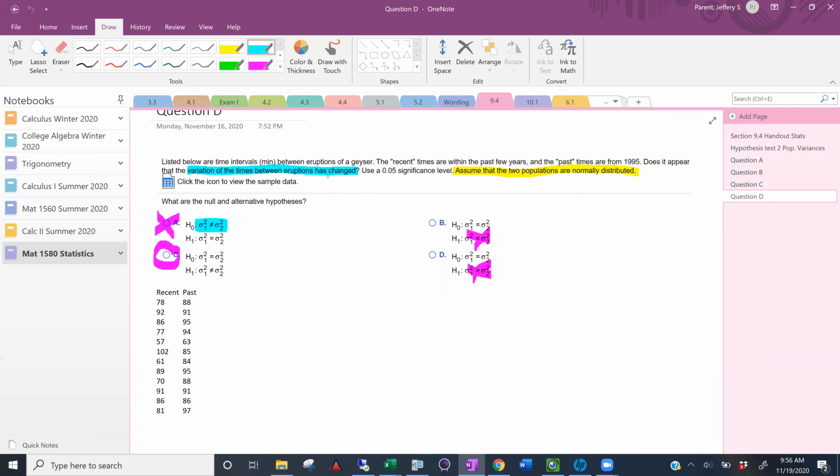Wait, Professor Parent, wouldn't it be B? Like there's an equal sign in the original claim. So the original claim, to me, is really this one right here. Sigma 1 squared is not equal to sigma 2 squared.